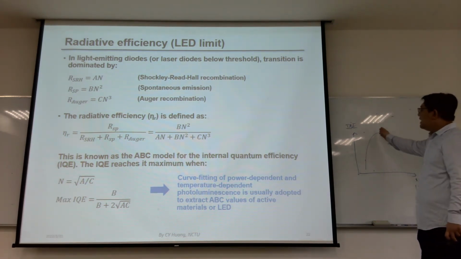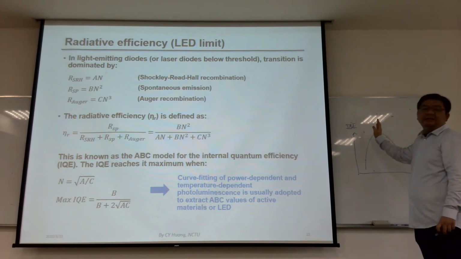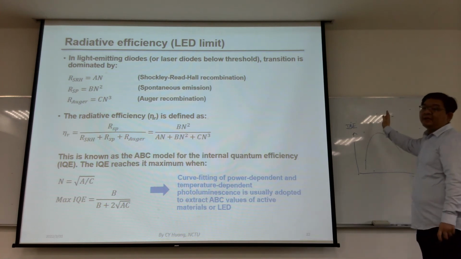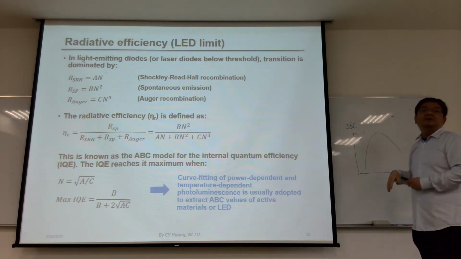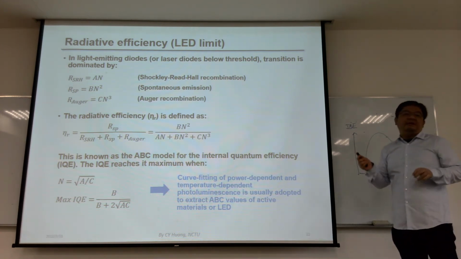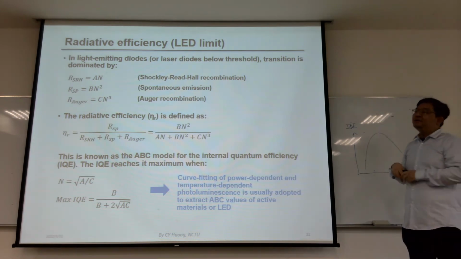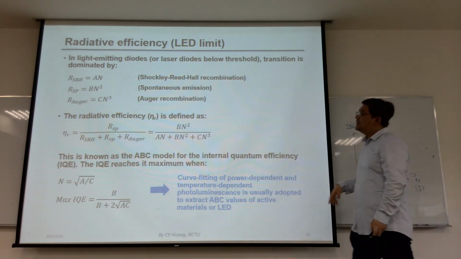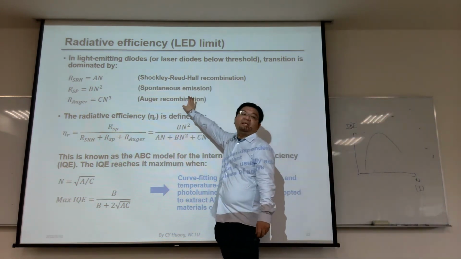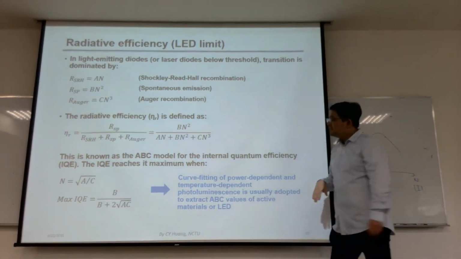Only when the carrier density is in the middle might you get the best efficiency of the LED device. Now I need to be clear: we only care about LED efficiency here, because we haven't included the stimulated emission term.